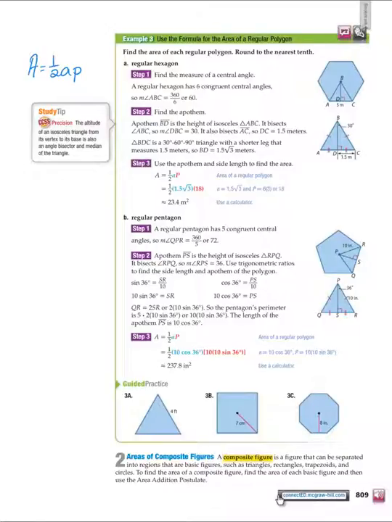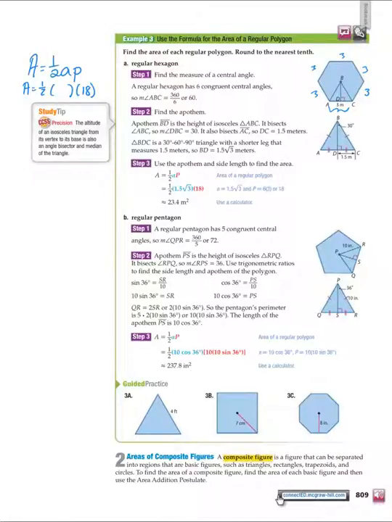Now with my regular hexagon, this particular hexagon here has one side of 3. Well, since it's a regular hexagon, all sides will be 3. So 6 sides, 3 each, I already know my perimeter. My perimeter is 18.